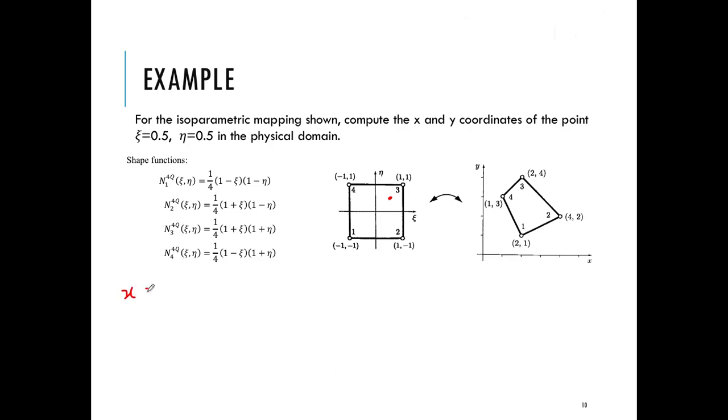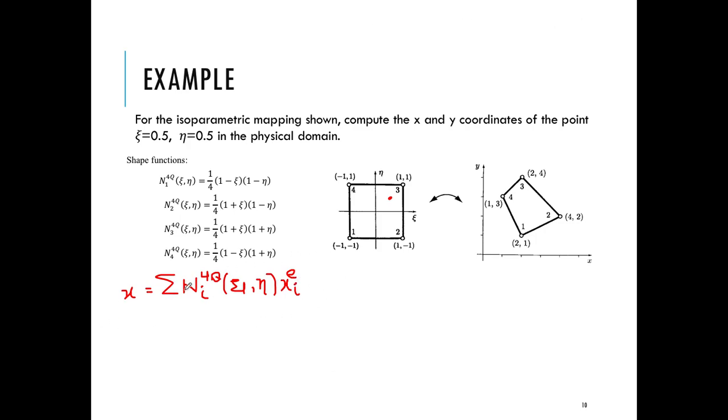So x is basically given by the summation, or you could write it in matrix form as well, that's also fine, of N4Q evaluated at our given point multiplied by the nodal physical coordinates for each node.